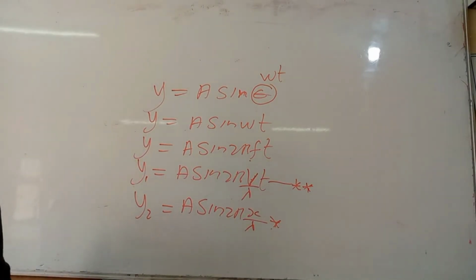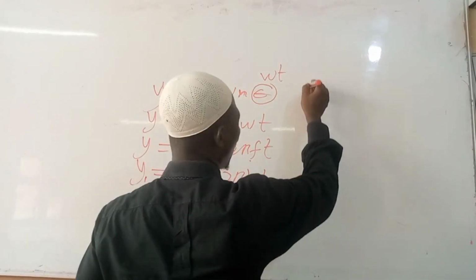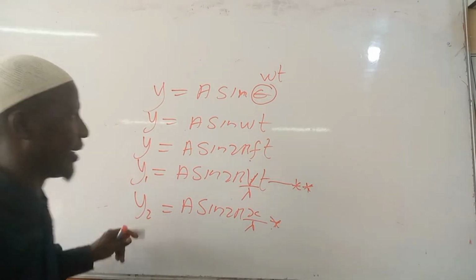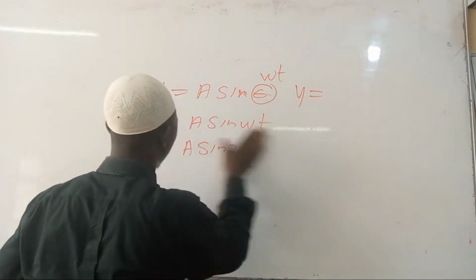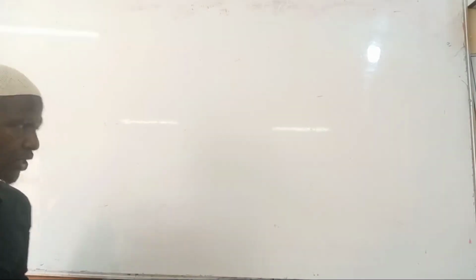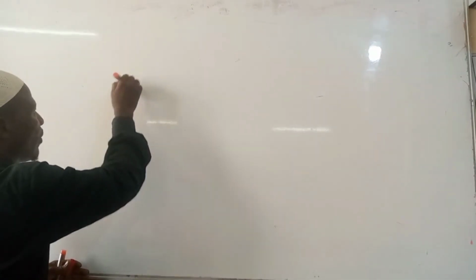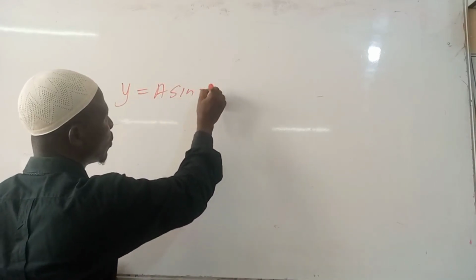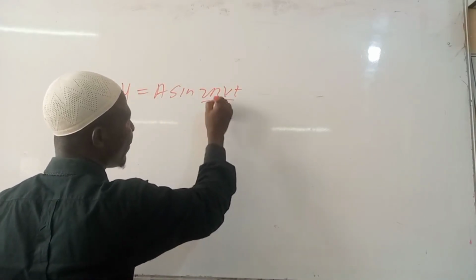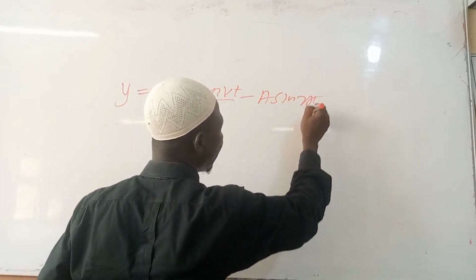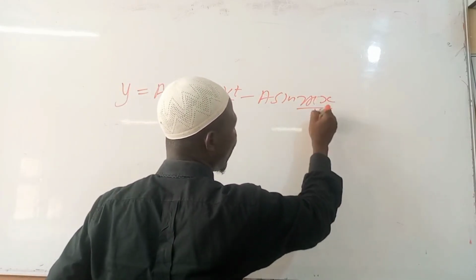So in that case, y1 minus y2 will still give you y. That y is equal to a sine 2 pi vt over lambda minus a sine 2 pi x over lambda.